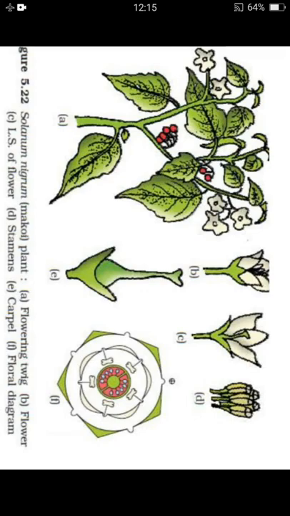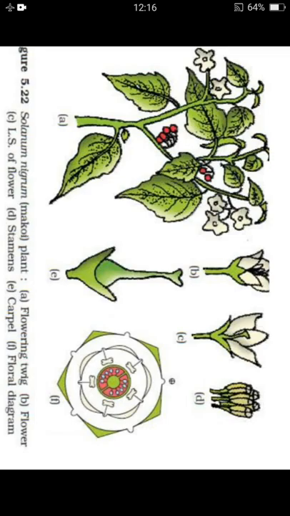Next, leaves. Leaves are alternately present on the axis. Simple leaves, rarely pinnately compound leaves, and exstipulate, and venation is reticulate venation. In monocots, just now we had a discussion on Liliaceae family members, but this Solanaceae family belongs to dicots.